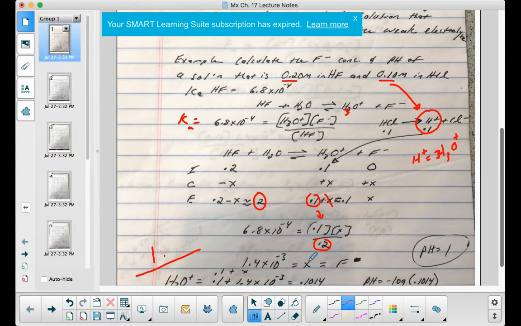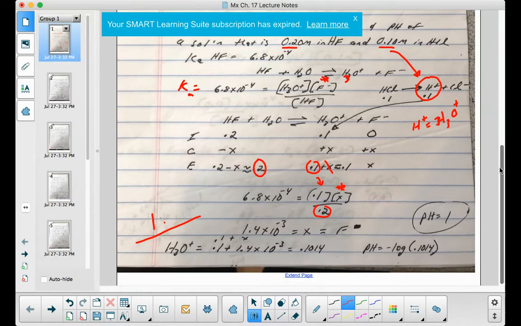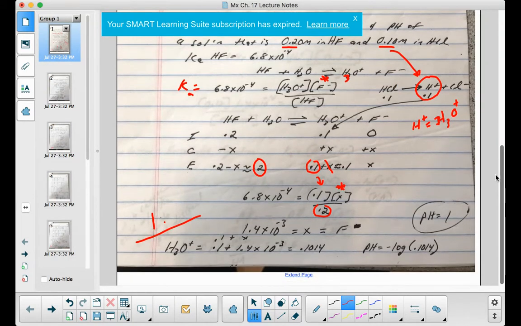So once I find out what my x is, that's going to be my fluoride ion, because right here in my formula, that x is synonymous with that fluoride ion. So once I find my fluoride ion, I know that this x has a value. It's 1.4 times 10 to the negative third.